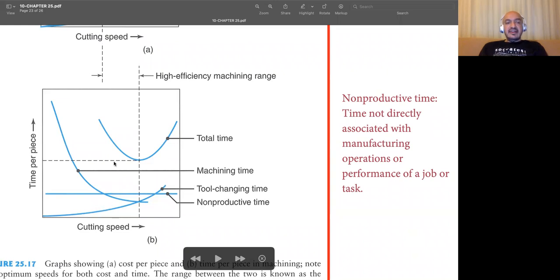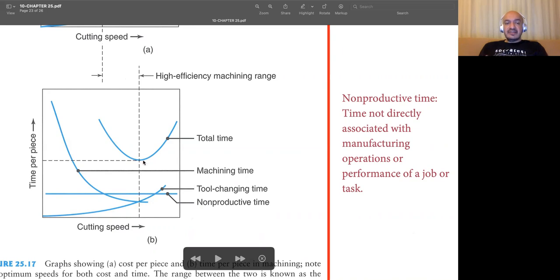Very similar: as you increase cutting speed up to some point, we decrease the manufacturing time, the machining time. But after this optimum cutting speed, what happens? The time we are spending to manufacture the same piece increases.